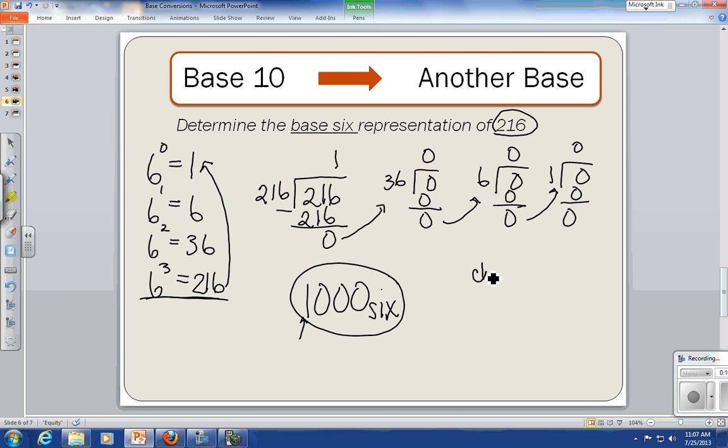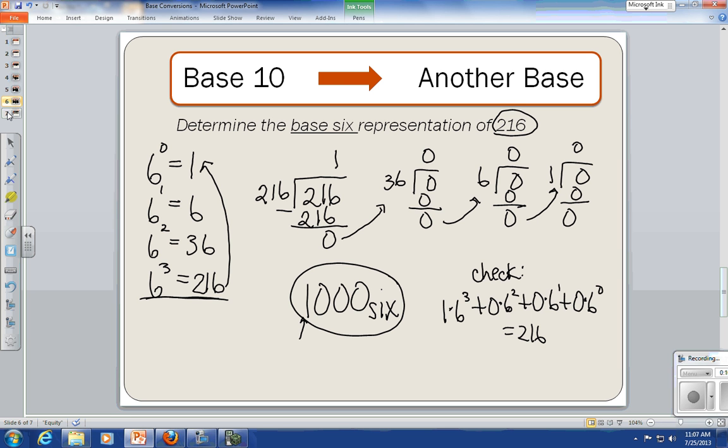So if I check it, it's 1 times 6 cubed plus 0 times 6 squared plus 0 times 6 to the first plus 0 times 6 to the 0, which gives me 216, which is what I wanted. So if you know the different base and you want to get back to base 10, you expand it out. If they give you base 10 and they want the other base, then you have to divide it out. And whatever base they're asking for, that's the base that you're raising the powers to.